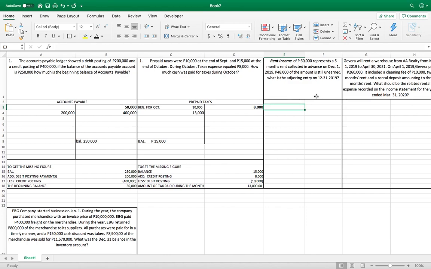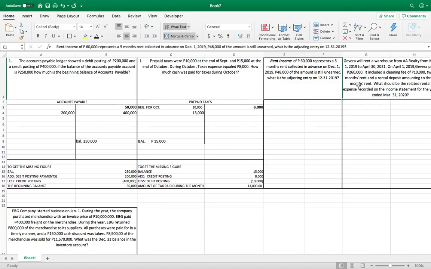While if the original entry in receiving the cash used the liability method, then in the adjustments, you recognize the income.